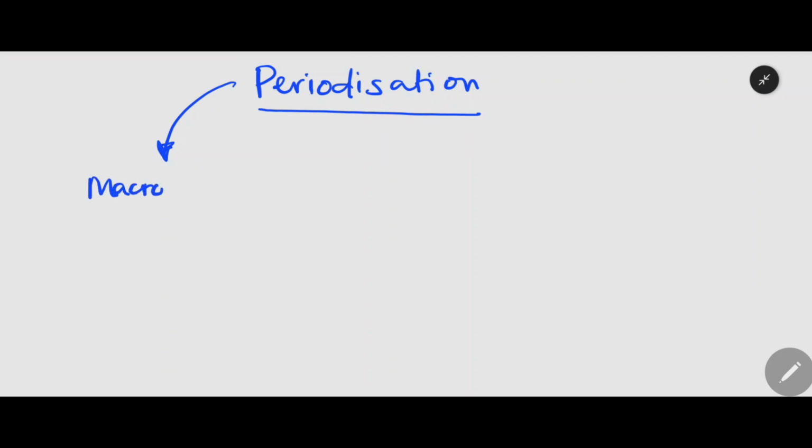Okay, before we end, we're going to look at periodization, and all you need to know for periodization are 3 main aspects. We have the macrocycle. The macrocycle is basically a long-term plan. So periodization is how you structure your training, and structuring it in a macrocycle could be structuring it in terms of months and years.